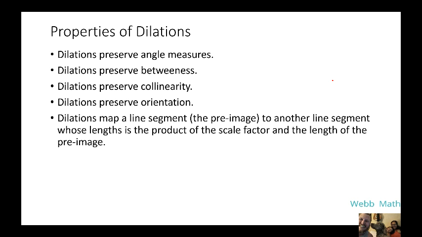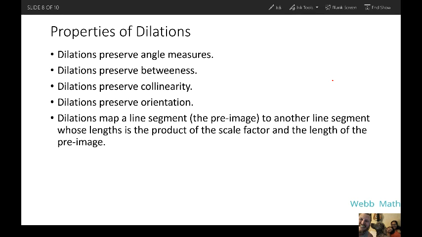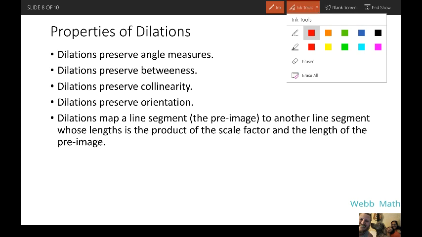Dilations map a line segment, the pre-image, to another line segment whose length is the product of the scale factor and the length of the pre-image. And that was the rule that I discussed briefly with you. Okay?